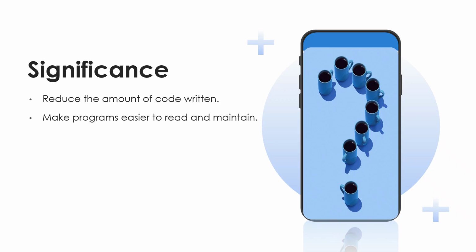Secondly, it makes the program easier to read and maintain. Since with the iterative statement, it will form a perfect structure which will be easier to read. And if any changes are needed in that statement, only one statement would be changed accordingly. Thirdly, it allows a program to process large amounts of data efficiently.